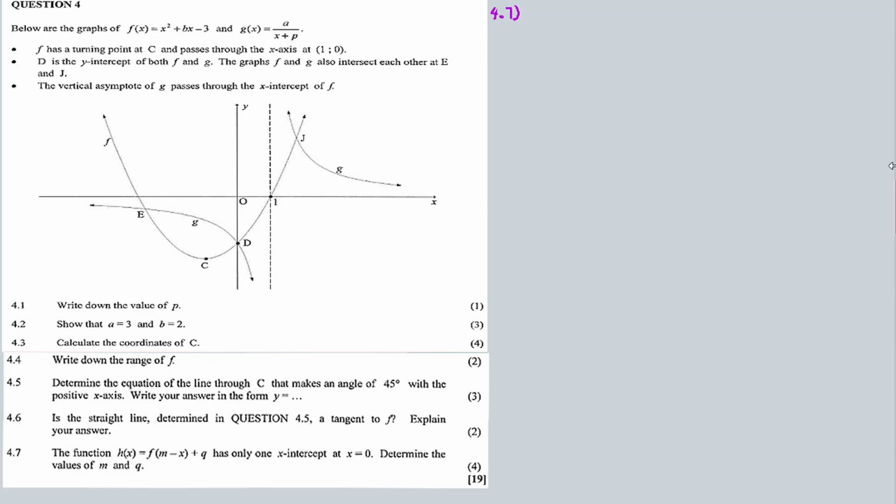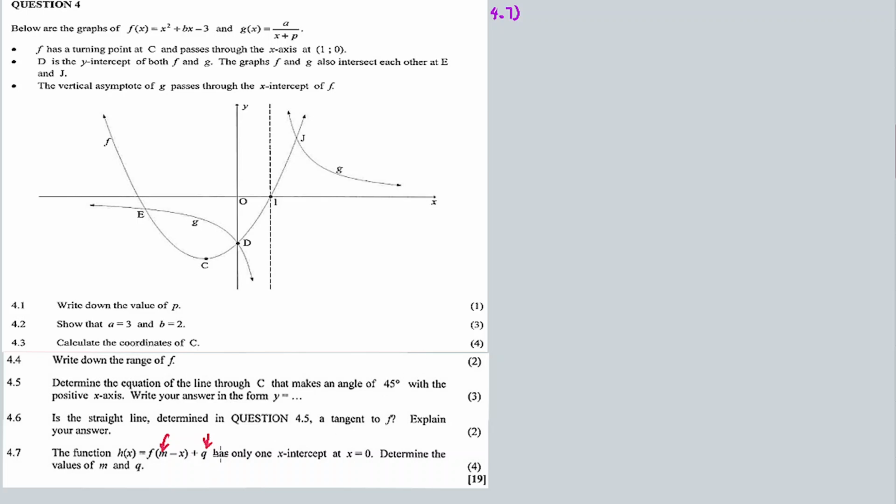So here some transformations have happened. The first one, with m, the m value first affects the x values of function f, and then there is another transformation with plus q, right?